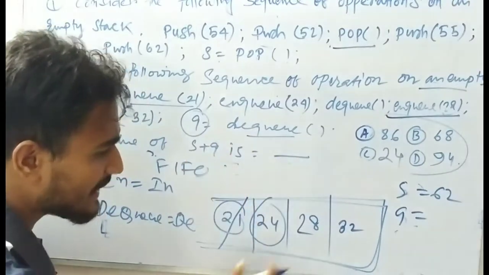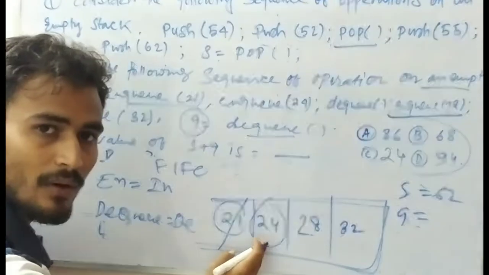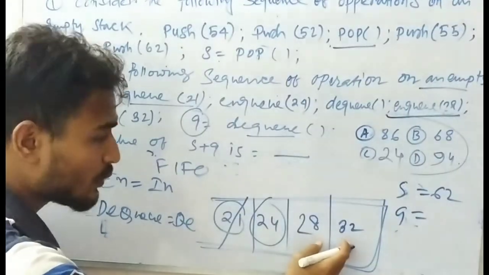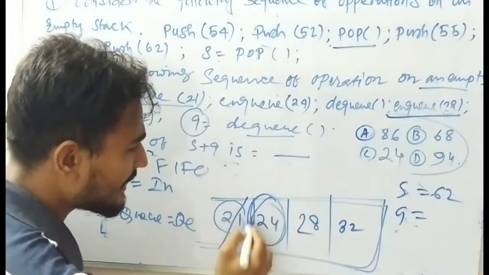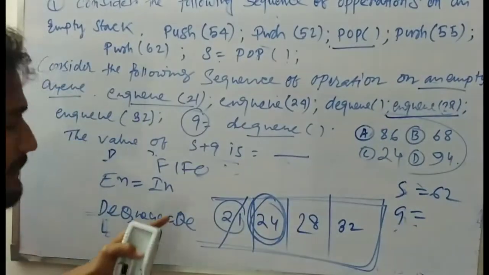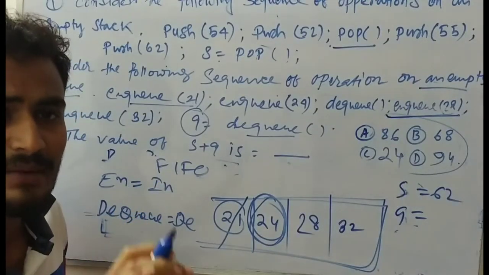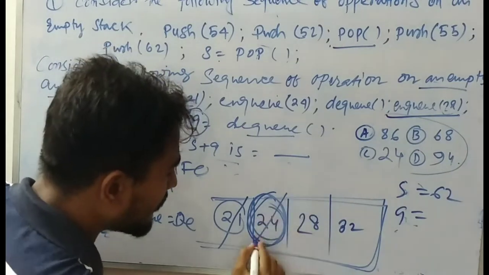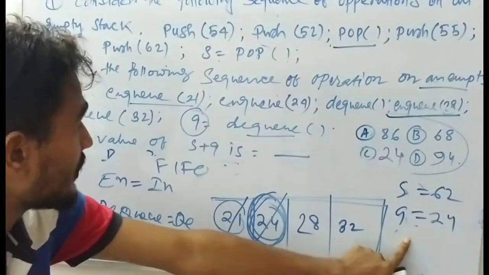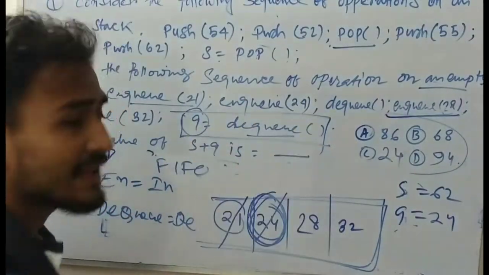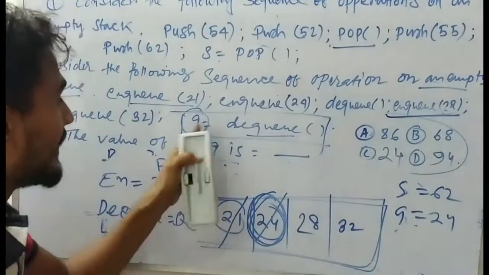Among the three, which was inserted first? 24. 28 and 32 were inserted later. Since the queue is maintained by the FIFO technique, first in, first out, 24 is removed. So Q is 24. Why do I assign 24 to Q? Because the operation is Q equals DQ, so the element dequeued is assigned to the variable Q.